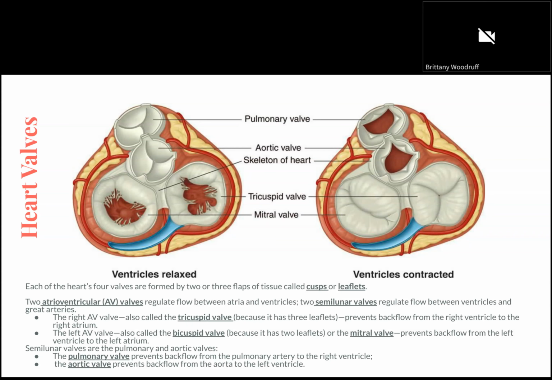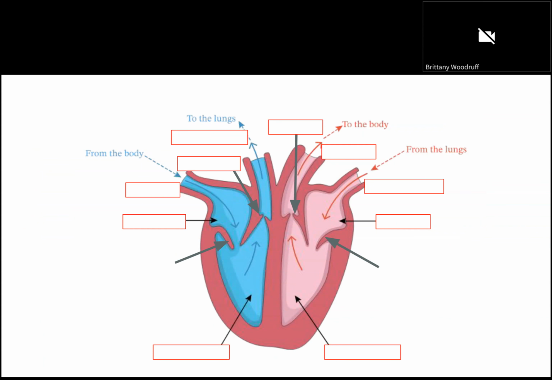So the whole point of these valves is to make sure that you have one-way flow of blood. So if we're going through and doing the laydown together, because I know this diagram has a lot on, we're going to start with the blood coming from the body. You have two big veins bringing blood from the body.